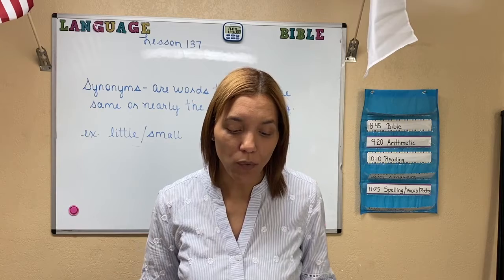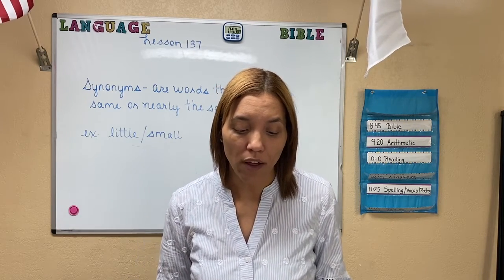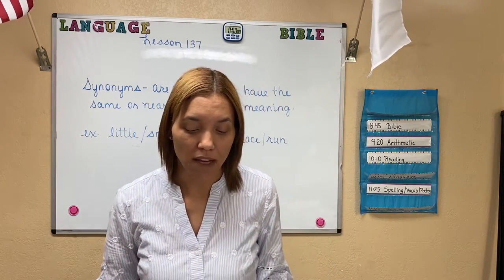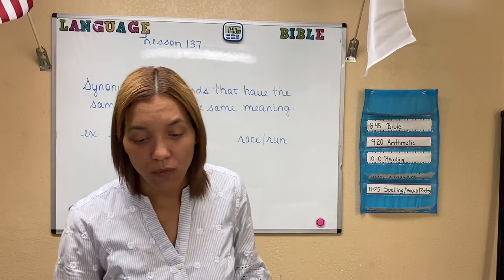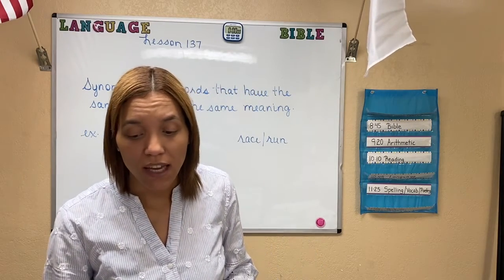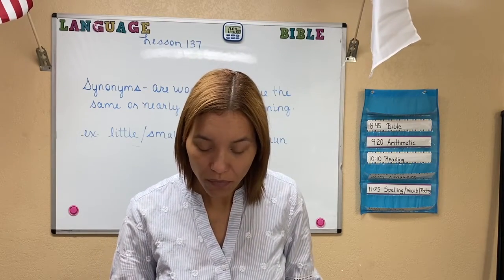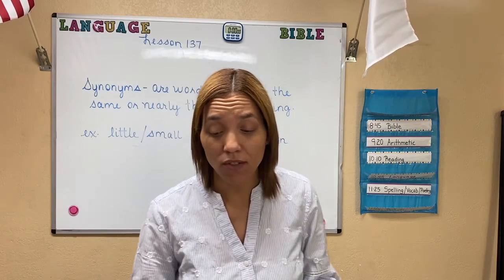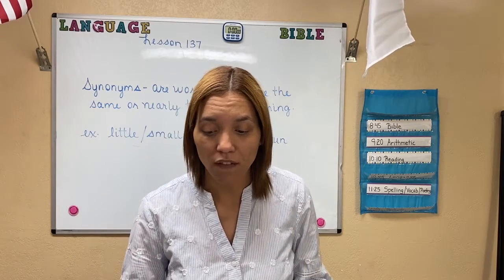All of the following words mean almost the same thing, but which word will help the reader to see a clear, exact picture in his mind's eye? So they give us 4 different words. We have see, watch, stare, and look. And we see the picture of a cat looking at a mirror. So it says, although all of the words mean to see, the word stare shows the most specific action.